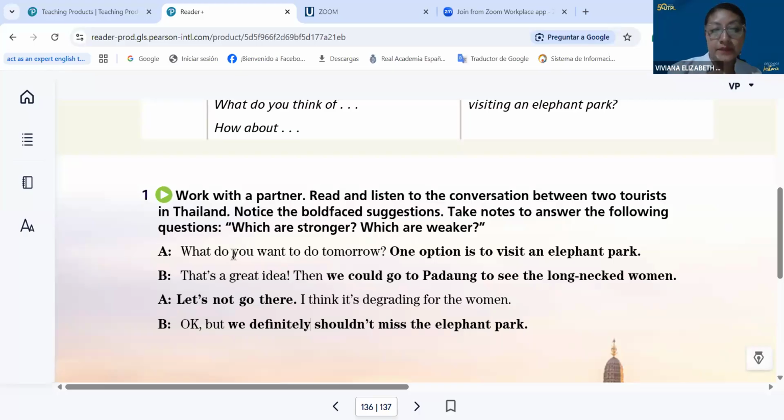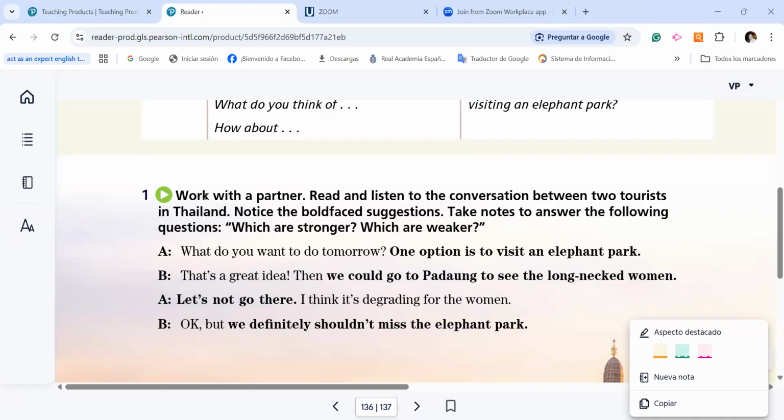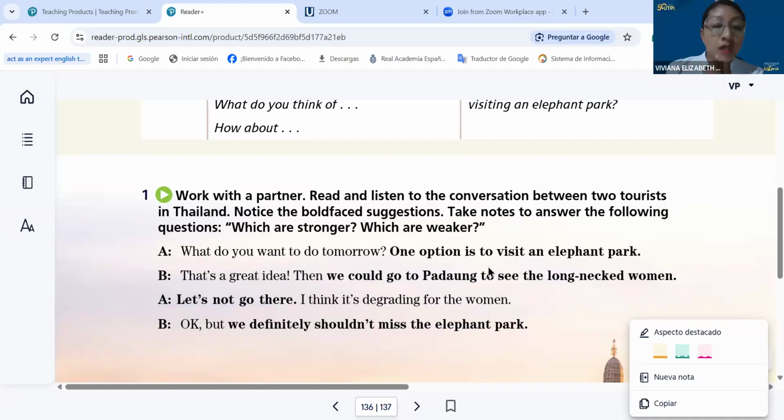Emily, in the next suggestion, we could go to Padang to see the long-necked women. What do you think about this suggestion? Is it weak or strong? Weaker. Okay, a good suggestion. What modal or phrase was used in this suggestion?